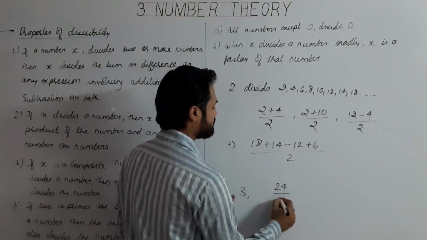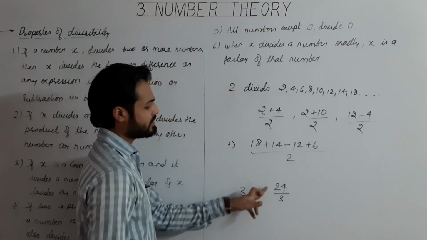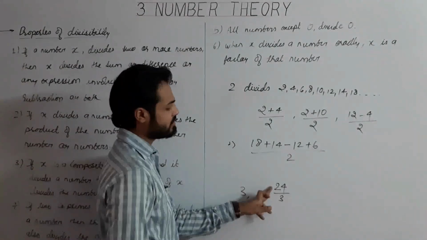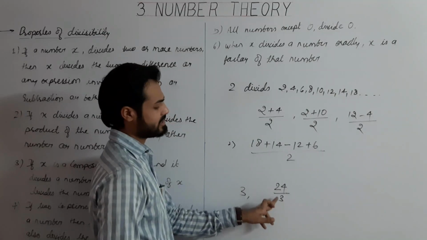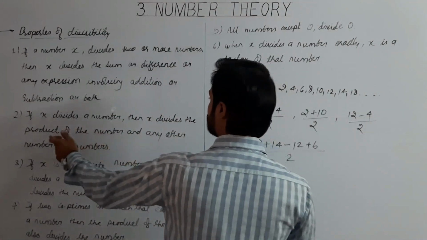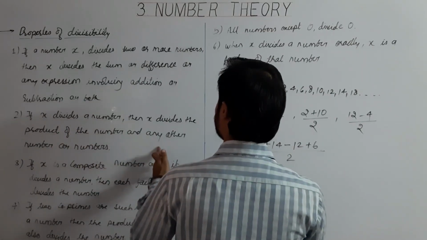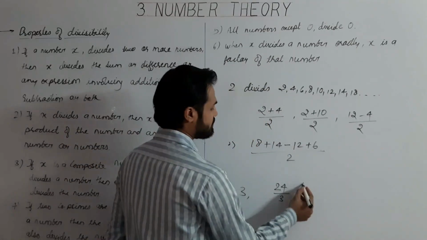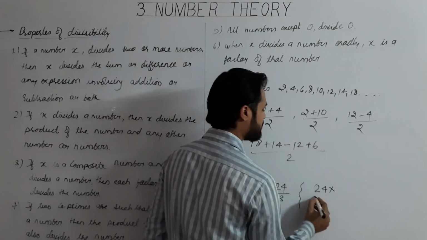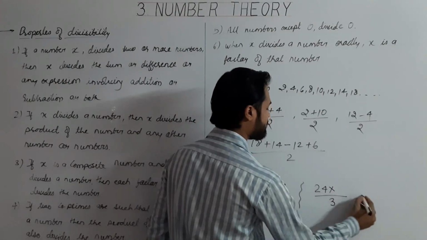Say 24 is the number, and we know that 24 is divisible by 3. So 3 divides 24. If x divides a number, then x divides the product of the number and any other number. So 24 into any number is also divisible by 3.